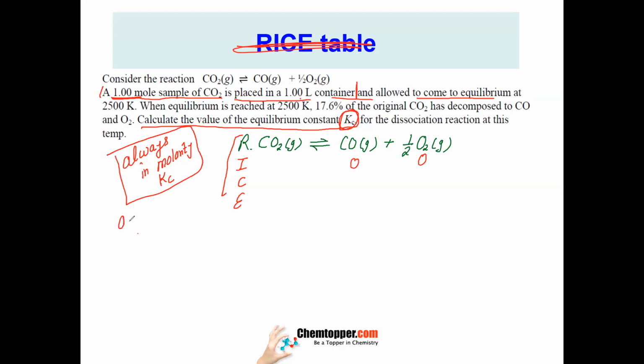Or they are always in pressures when you are working with Kp. Correct? And the unit of pressure generally you are going to take is atm. Okay, so RICE tables are never in terms of moles or grams, never ever. They're always in terms of molarity or pressures.